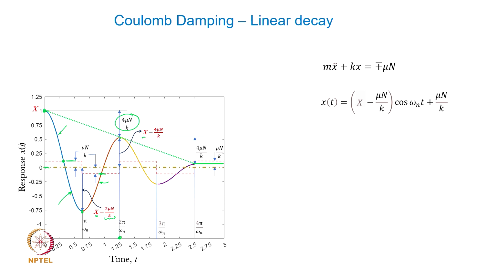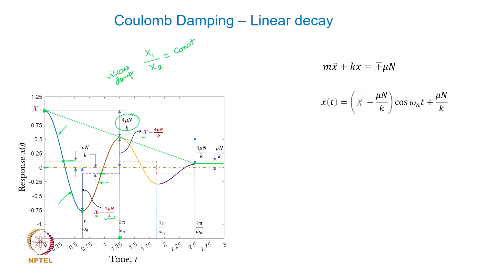In the earlier case of viscous damping, what we noticed is that the amplitudes x1 and x2 are in constant ratio, and the ratio of two subsequent amplitudes is constant in case of viscous damping.